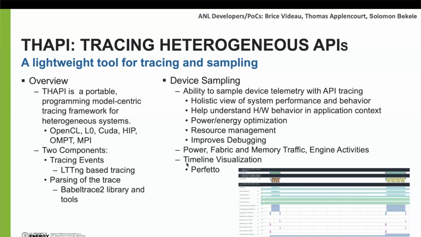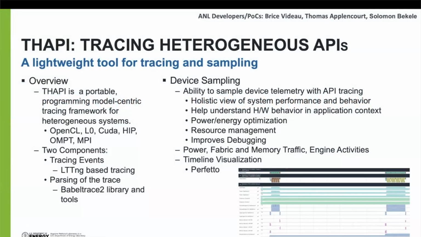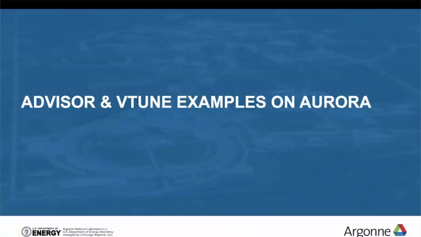It also has a pretty visualization feature using Perfetto. If you use Perfetto, you can see what kind of kernel launching happens in the timeline. So this is pretty simple. This is the overall overview of VTune, Advisor, APS, and THAPI. Any questions?